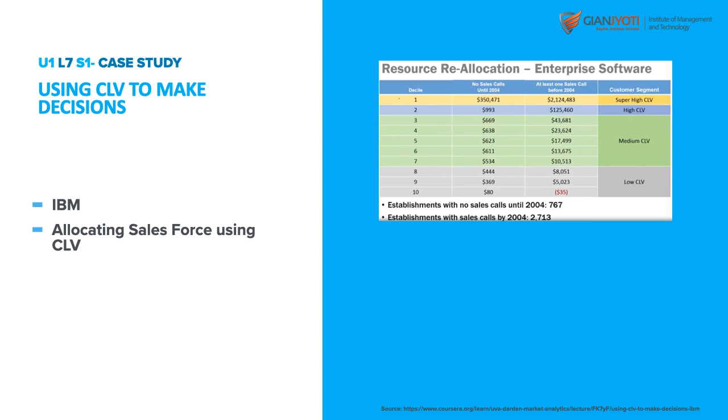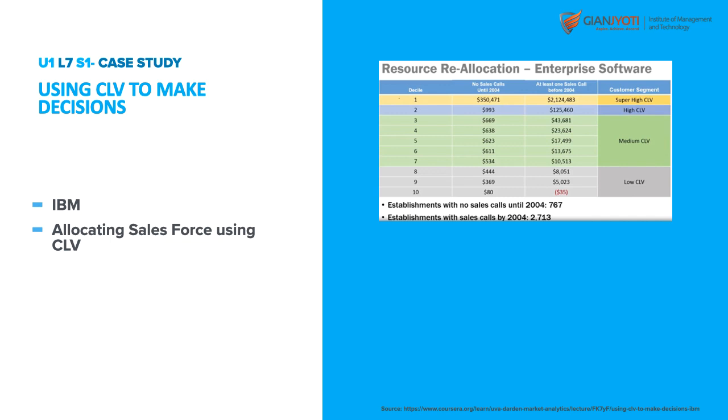So this is their CLV, and what they have done is this is a segment rather than a company. So this is a segment. This is a cluster of customers who are in the super high CLV. So this is the CLV that they bring, right?